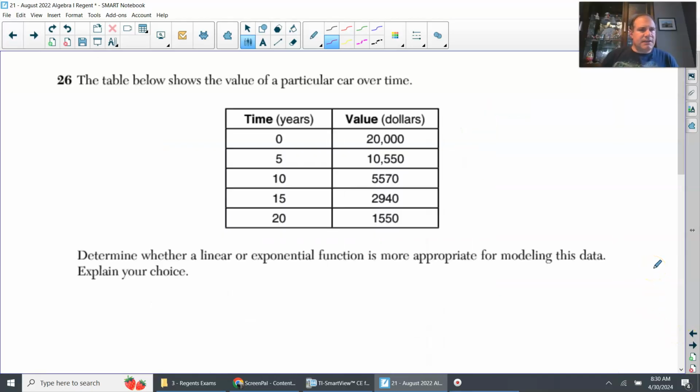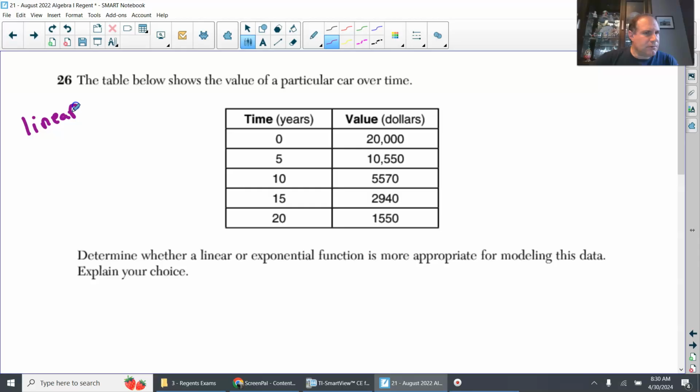Number 26, the table below shows the particular car over time. Determine whether linear or exponential is more appropriate for modeling the data. Just remember, linear is supposed to be a constant.